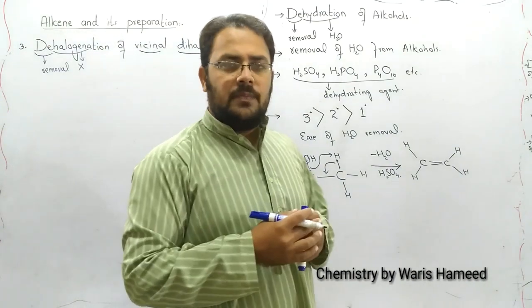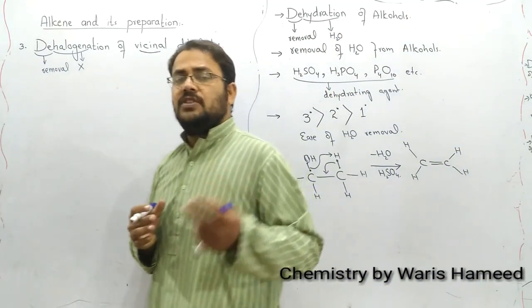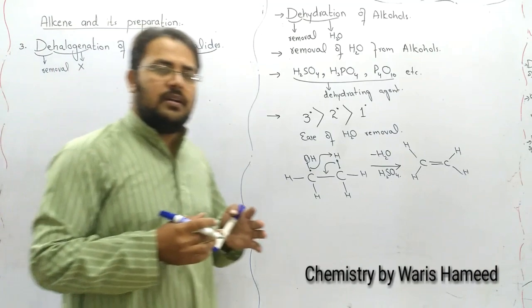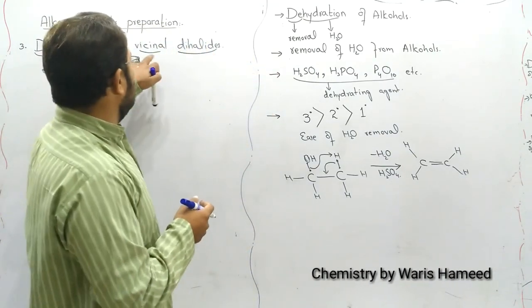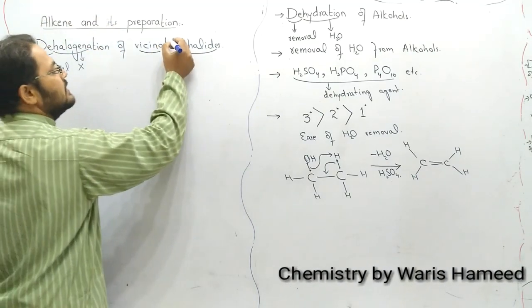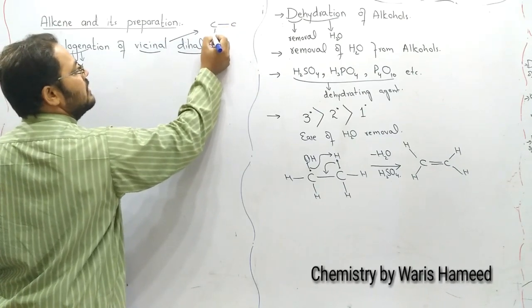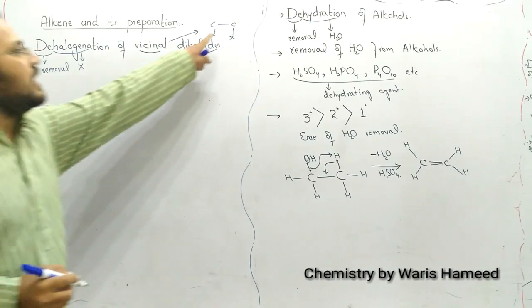There are two types of dihalides. First is geminal and second is vicinal. In geminal, halogen atoms are attached to the same carbon atom. In vicinal dihalides, halogen atoms are attached to adjacent carbon atoms, like this. Here is one halogen and the second is here. It's a vicinal dihalide.